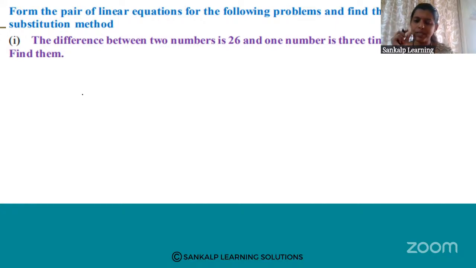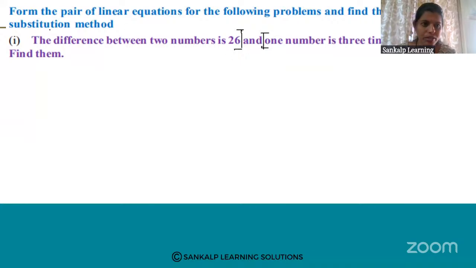The difference between those two numbers is 26 and one number is 3 times the other. Even in the question we are going to make two parts. One part is the difference between two numbers, and another part is one number is 3 times the other. This is another part. Okay.